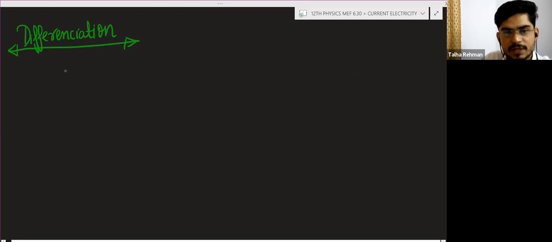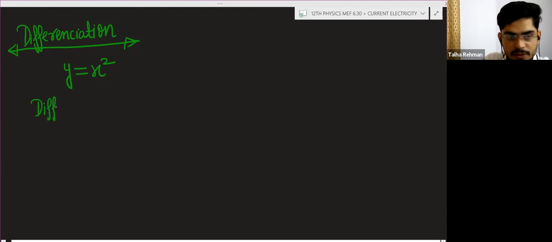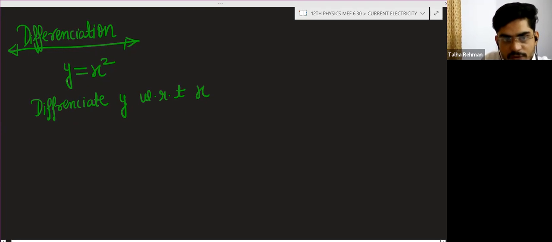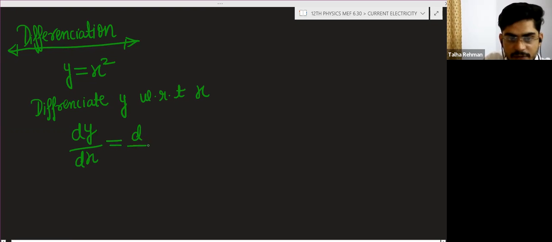If someone is saying that y is equal to x square, and you have to differentiate y with respect to x, you will write dy divided by dx, and then you write x square.